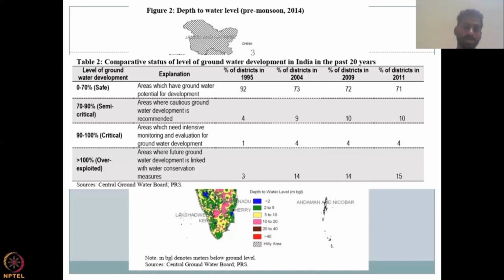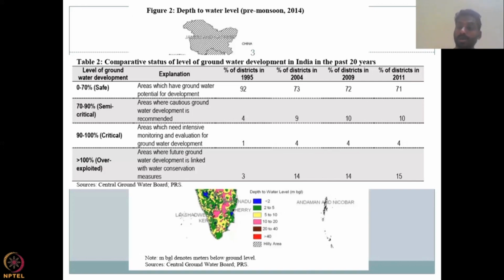Even if you want to push it, there has to be extensive monitoring and evaluation, first to monitor and manage, and if the groundwater situation is better, then you can add more interventions for extracting groundwater, for industry, etc. But 90 to 100% is critical, so you better stop extracting more water.